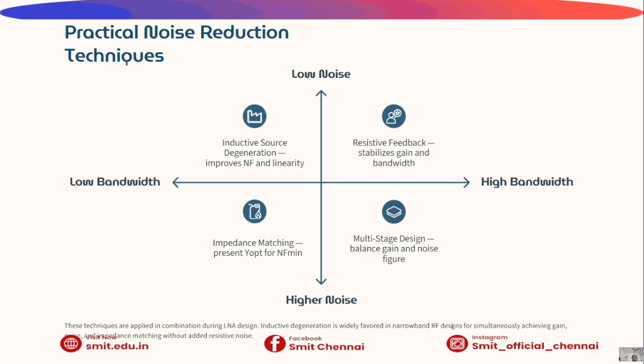Resistive feedback improves stability and bandwidth but must be carefully designed because resistors themselves generate thermal noise. Inductive source degeneration is a popular technique in RF circuits because it simultaneously improves noise figure, gain, linearity, and impedance matching.